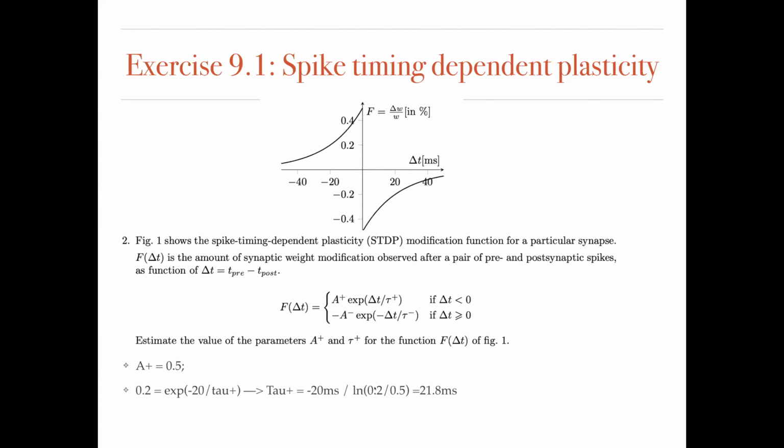And this will yield that tau plus is 21.8 milliseconds. So I'm just using this equation here and plugging in: f is 0.2, and delta t is -20.